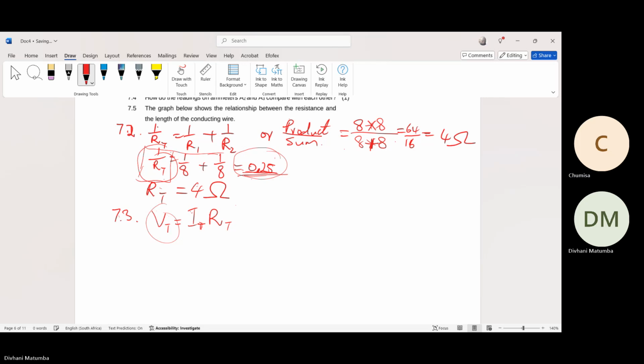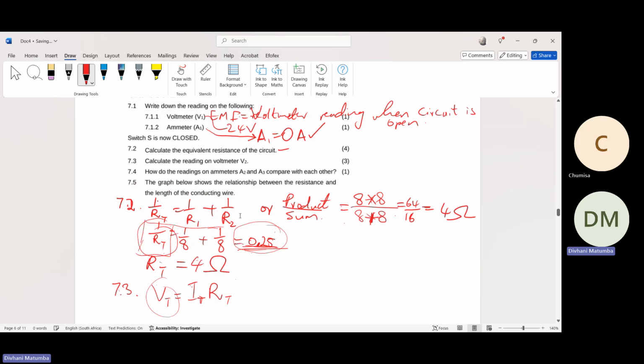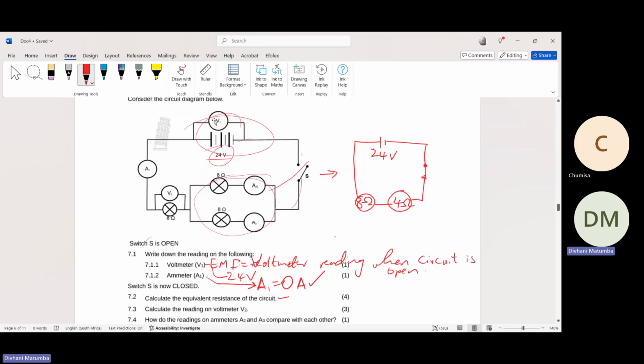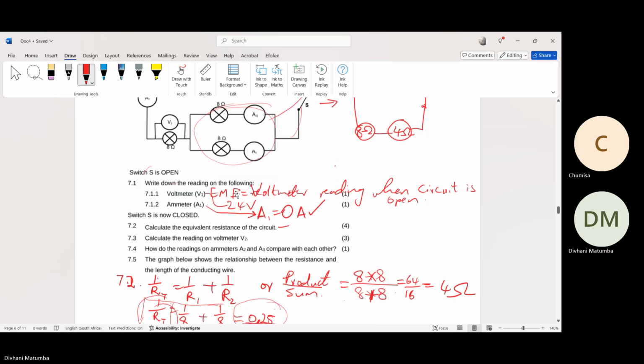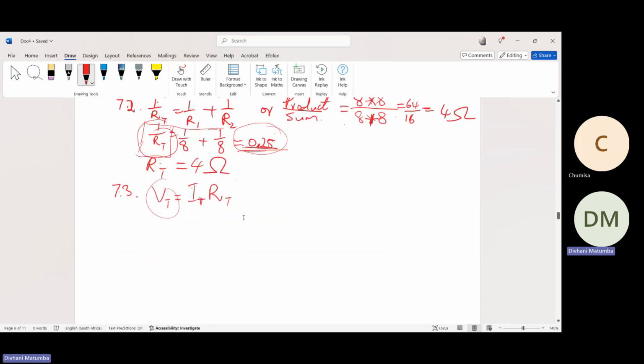It's 24. That's what the battery is supplying, because the battery supplies the entire circuit. This is our overall power source, which is going to be distributed to all the resistors. So V total is 24.